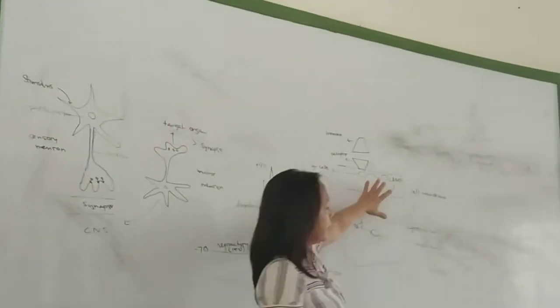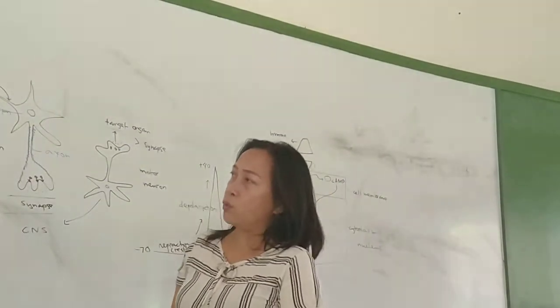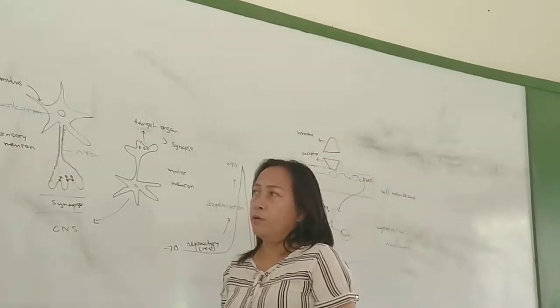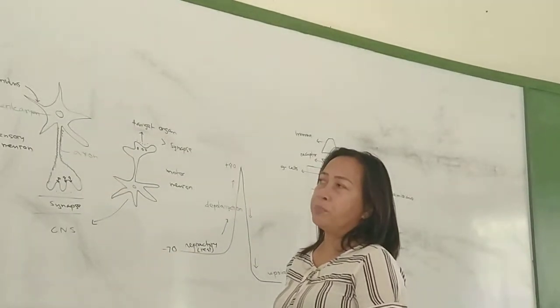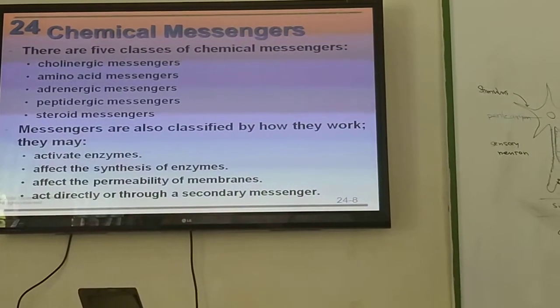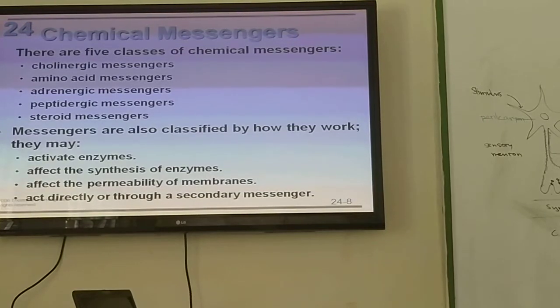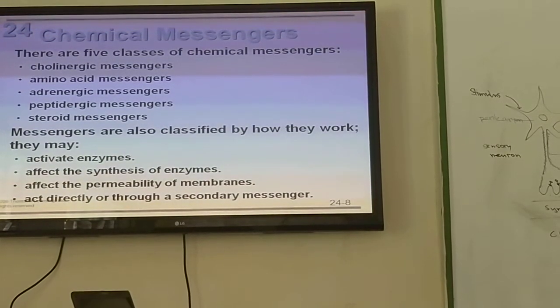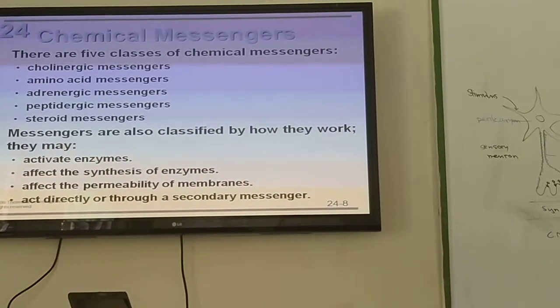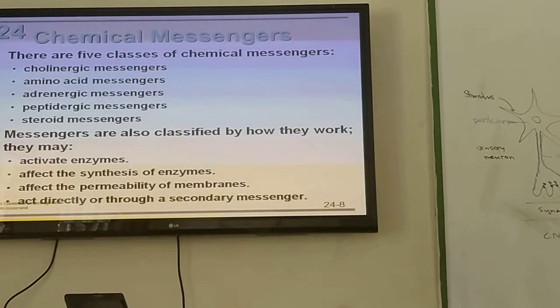If this is the cell, they cannot get inside. The word peptidergic is peptide. Adrenergic, adrenaline. Amino acid, so a smaller messenger, and then you have cholinergic, say acetylcholine.